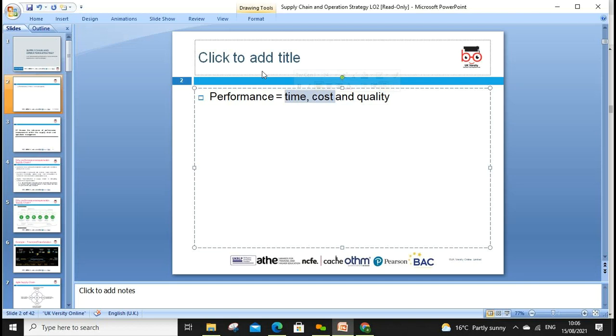Other than that, I'll send you one book. It's called Performance Management, published by CMI, the Chartered Management Institute. It's always a good website to look around.